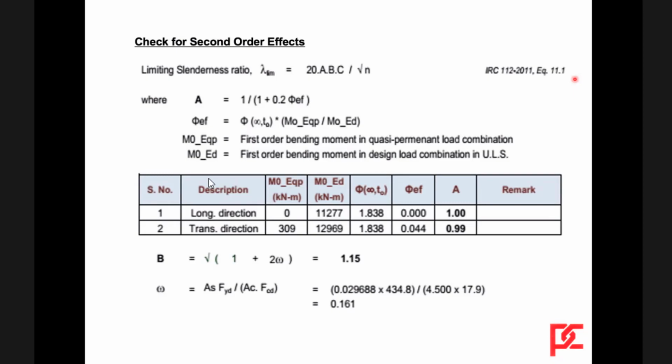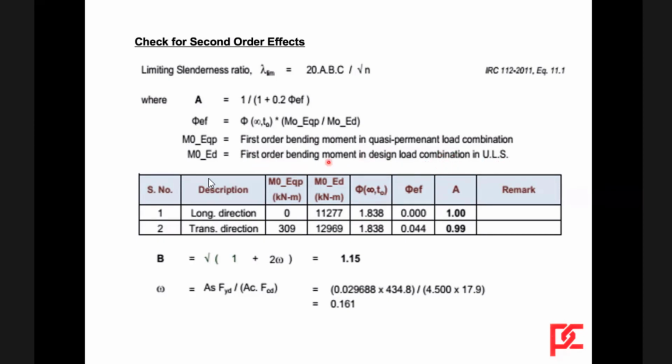this clause. And this is done for the slenderness ratio lambda limit 20 ABC by root n. Here A depends on the quasi-permanent moment divided by the first order bending moment in the design load combination, ULS combination.